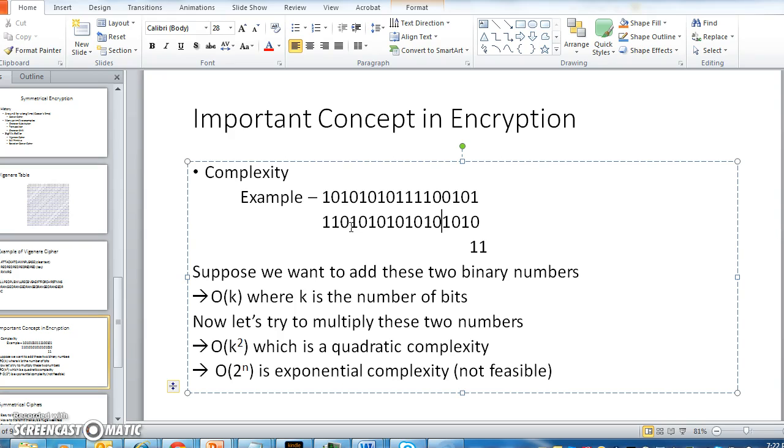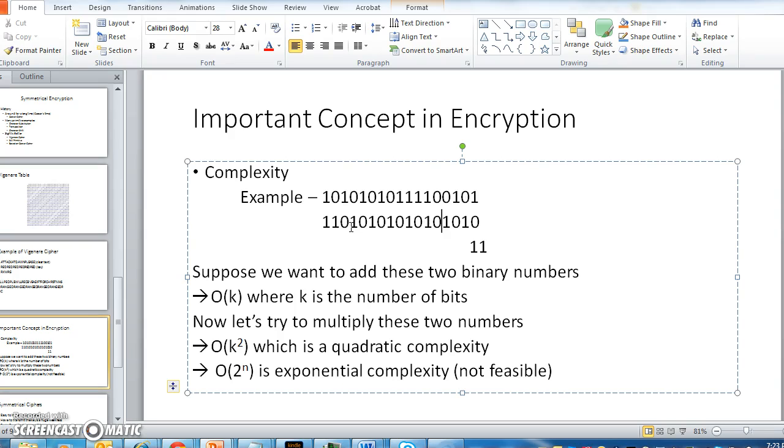For example, 2 to the power of 0 is 1. 2 to the power of 1 is 2. 2 to the power of 2 is 4. 2 to the power of 3 is 8. Remember what's happening to the answer here. It's getting bigger and bigger and bigger very quickly. 2 to the power of 10 is a huge number. 2 to the power of 100 is a huge number. We call this exponential complexity.